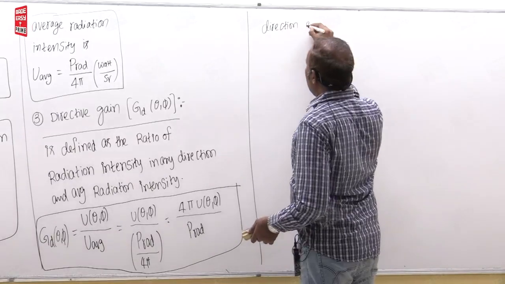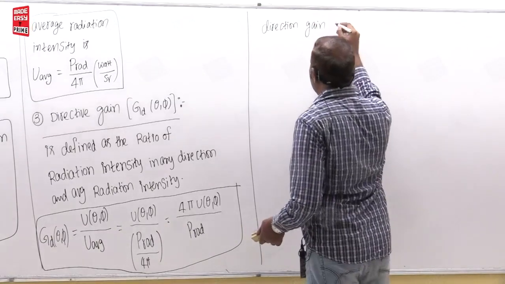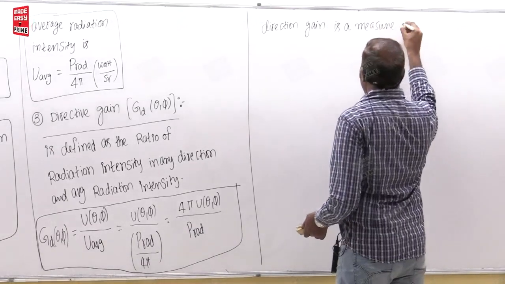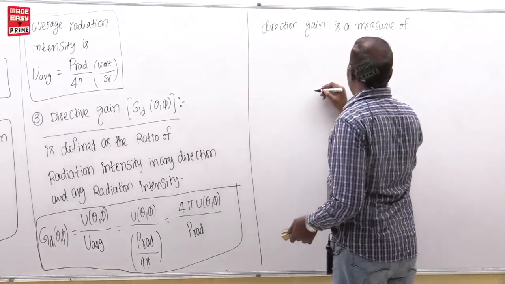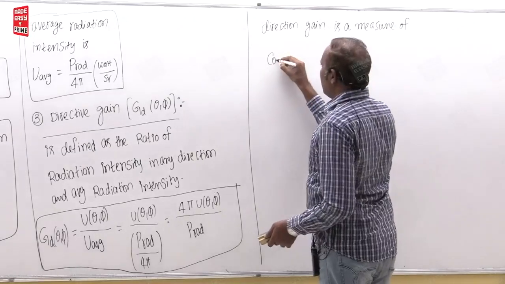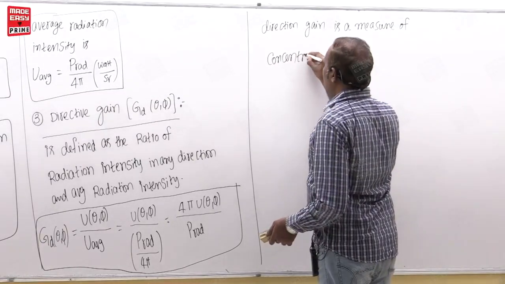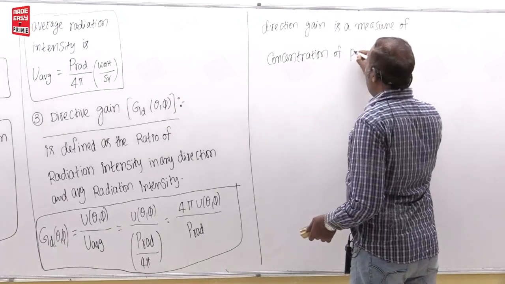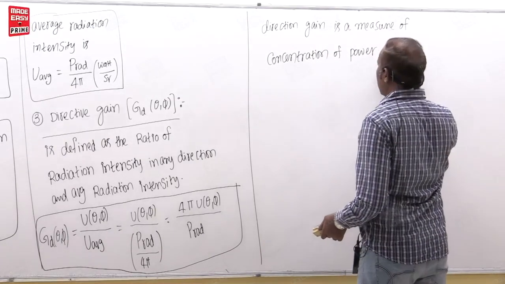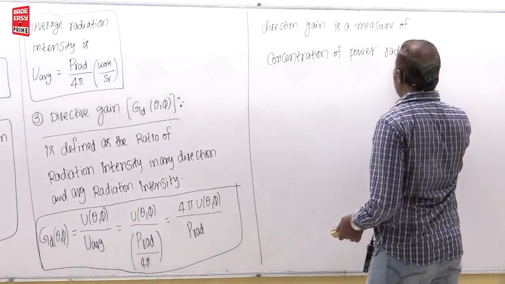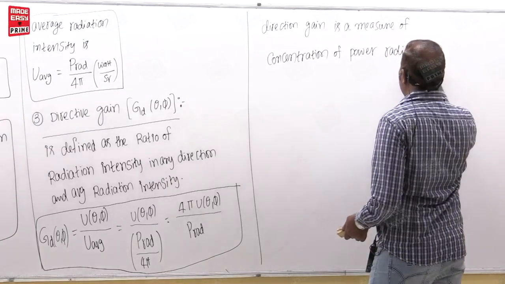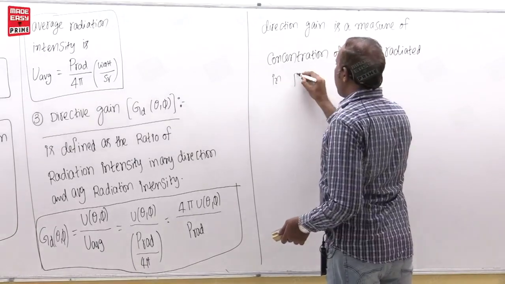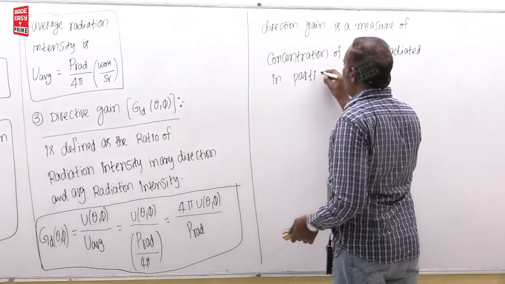Actually, directive gain is a measure of concentration of power radiated in a particular direction.